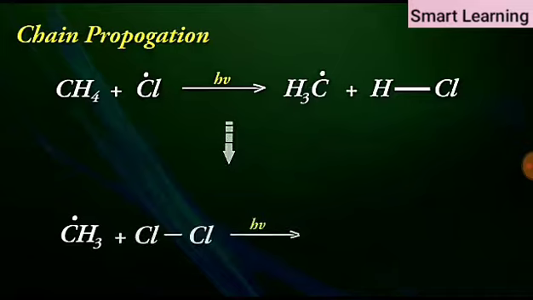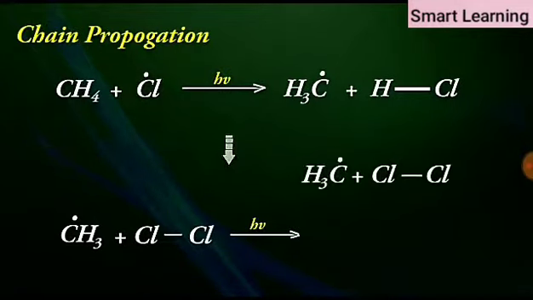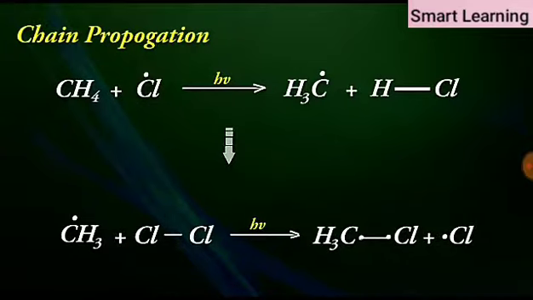The methyl radical, thus obtained, attacks the second molecule of chlorine to form CH3Cl with the liberation of another chlorine-free radical by homolysis of chlorine molecule. Thus, chlorine produces methyl-free radicals and vice versa, and thus propagates the chain.